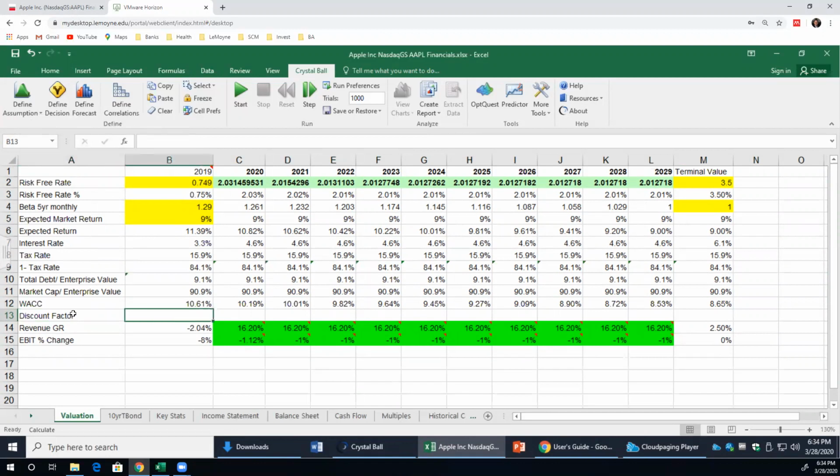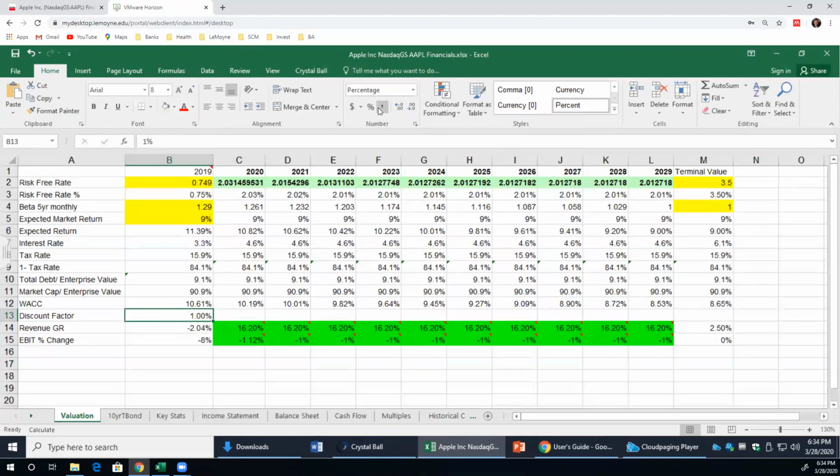All right, so for the base year, which is 2019 in this case, the discount factor will be 1, which means there is no discount for today's dollars. But then I will multiply this value by 1 minus my discount rate that I calculated for VAC over here.